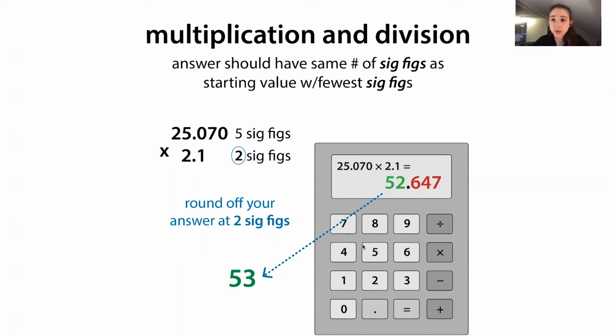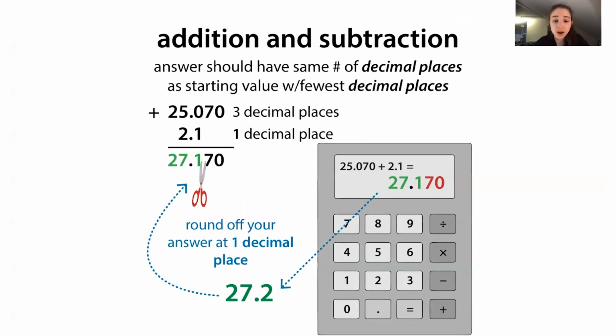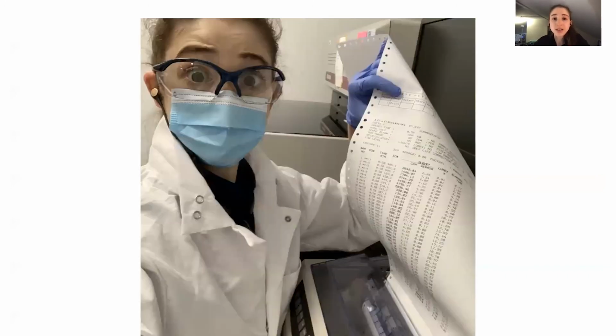So basically, when you're doing any sort of calculation, your value is going to be limited by the least precise value, the one with the least number of significant figures or the least number of decimal places. I often get reminded of this when I'm doing my scintillation counting kinase experiments, and it's giving me values with tons and tons of decimal places.